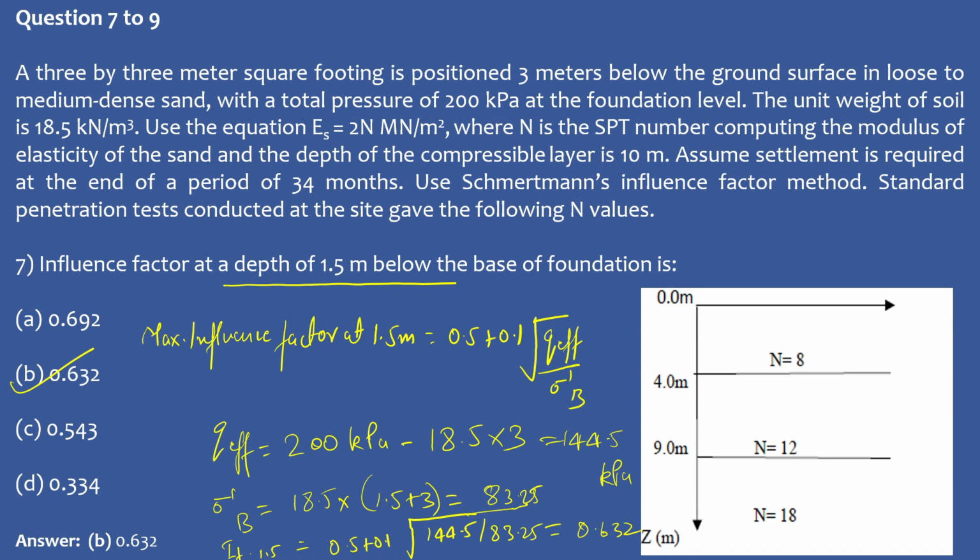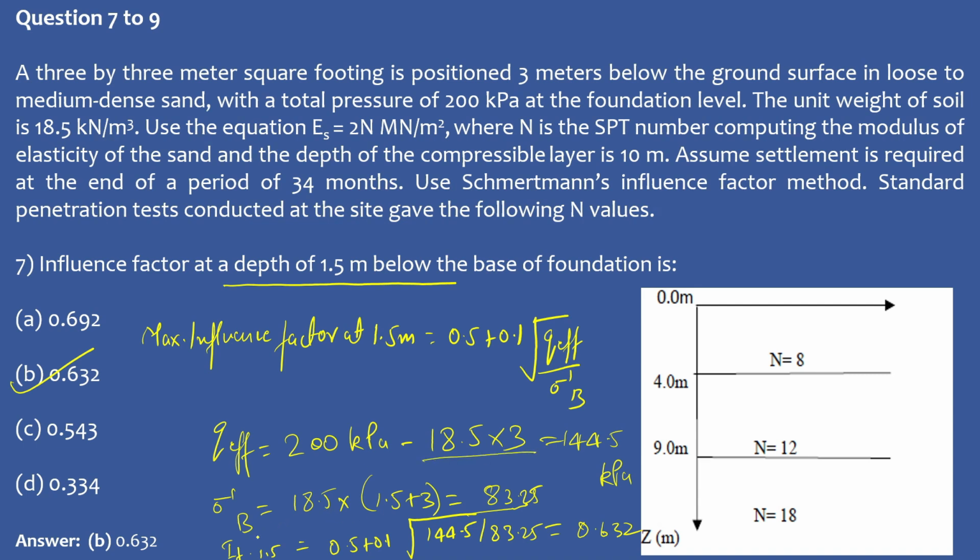This is the relation you have to use. The only catch here is you need to calculate the value of the pressure at the level of interest correctly. Here you have been asked to calculate the influence factor at 1.5 meter depth, so you need to evaluate the Q effective for that at the foundation level. The overall pressure transferring from the foundation level needs to be taken as effective, so you reduce the overburden pressure.